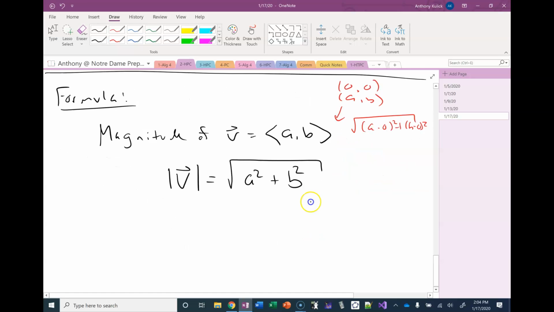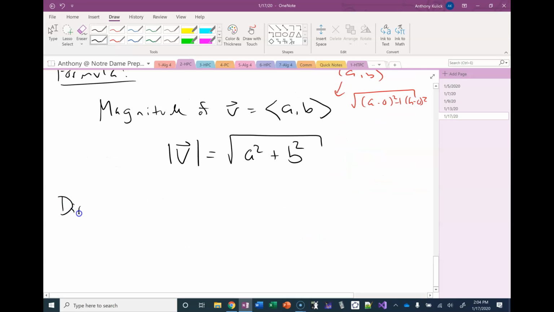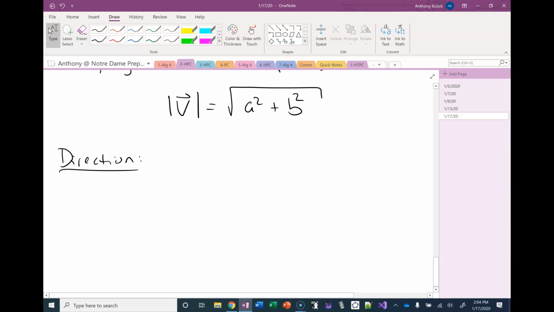Let's talk about finding direction. And let's just do an example.